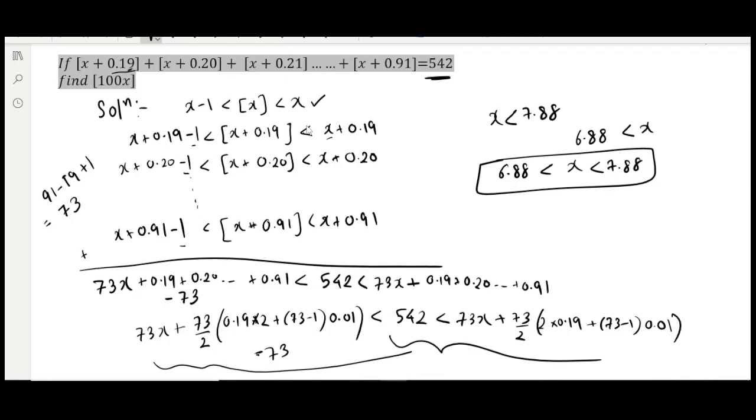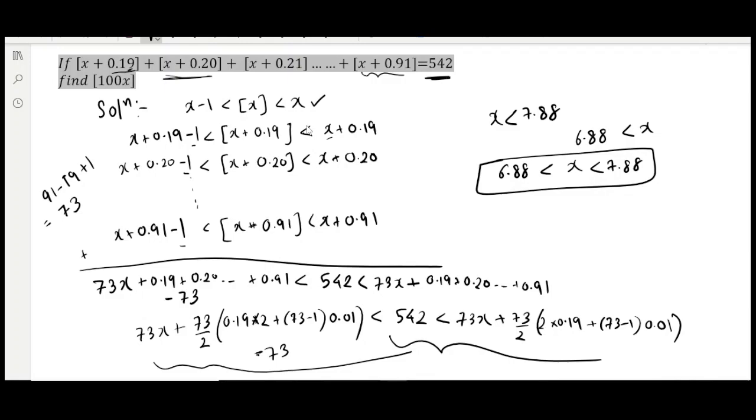Many 7s will be there, because in the greatest integer function there will be something greater than 7, and if the value of x is nearer to 7.88, as we don't know about it, the greatest integer function value will become 8 for some.